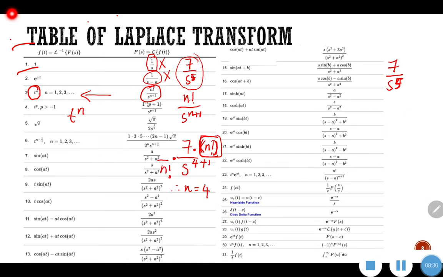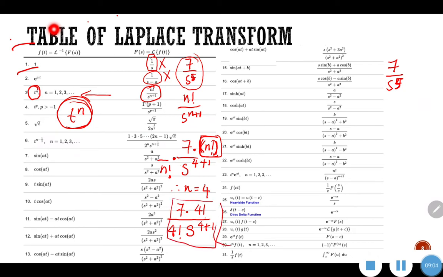Faham tak? Okay, saya conteng kat tempat yang tak berapa sesuai sebenarnya, tapi tak apalah sebab saya nak relate dengan table ni. Kalau tak, you tak boleh ambil t to power of n ni sebagai you punya Laplace transform tau. So in this case, kita ada 7 darab dengan 4 factorial over 4 factorial darab dengan s to the power of 4 plus 1.